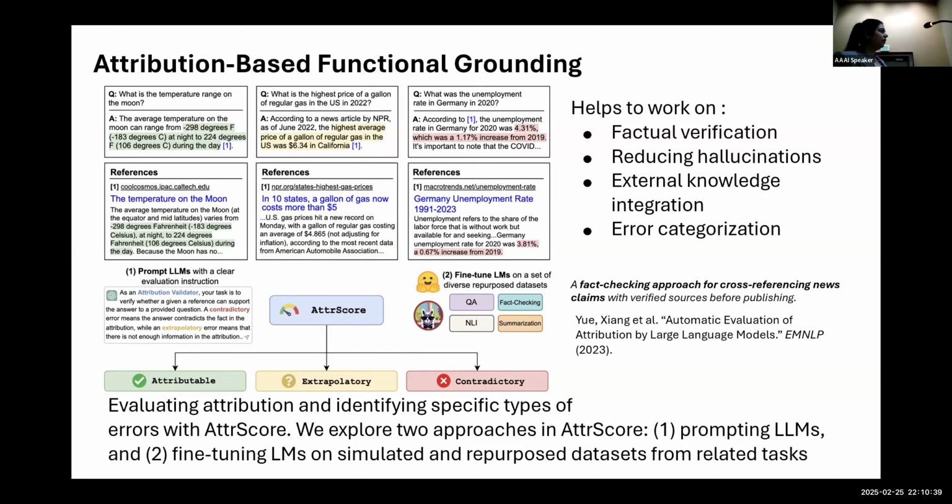In attributable, the system identifies whether we can find the correct source of this sentence or not. If the information has multiple sources and doesn't match the other source, that will be contradictory. And then extrapolatory: can we identify more than one piece of information?